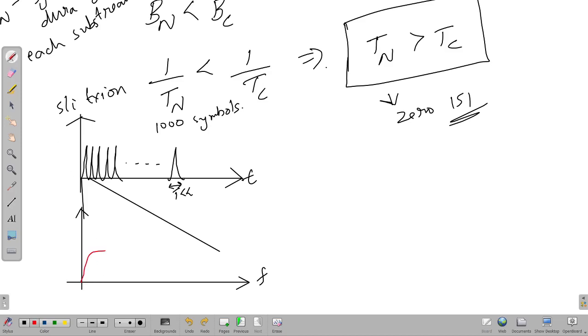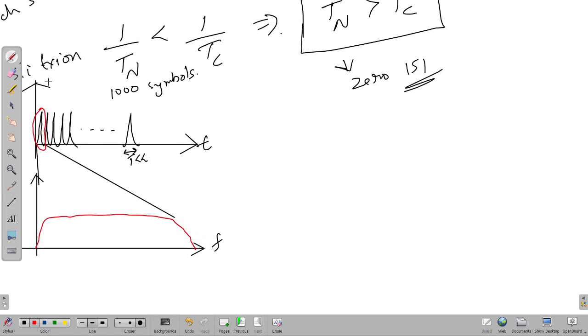So remember, I'm just drawing this particular symbol. That one symbol has a large bandwidth. Why? Because in the time domain the duration is very small, which means in the frequency domain you have a large bandwidth.